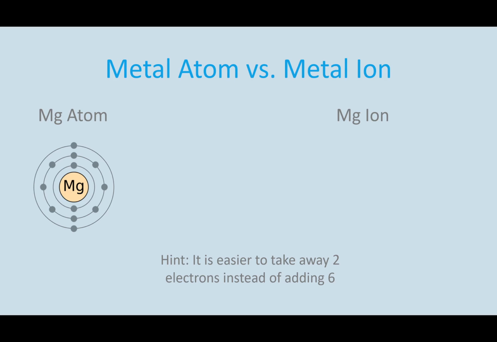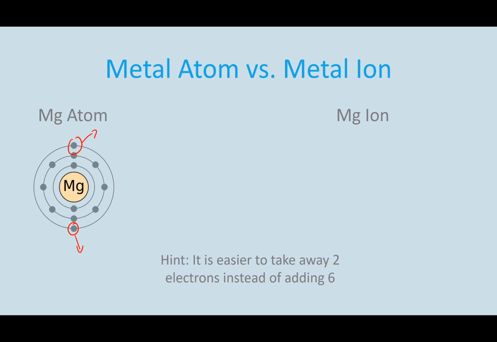If I take away these 2 electrons here, and I get rid of them, that's easier than trying to bring in 6 electrons and fill in these spots here, just in terms of the energy required to do that. So it's easier to take away the 2 electrons here.